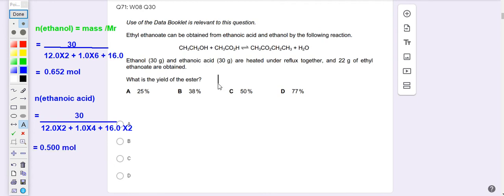Now, by looking at the equation, 1 mole of ethanol will react with 1 mole of ethanoic acid to form 1 mole of ester. So, if I'm using 0.5 mole of ethanoic acid, I only need 0.5 mole of ethanol. So, ethanol is in excess, and ethanoic acid is the limiting reagent.